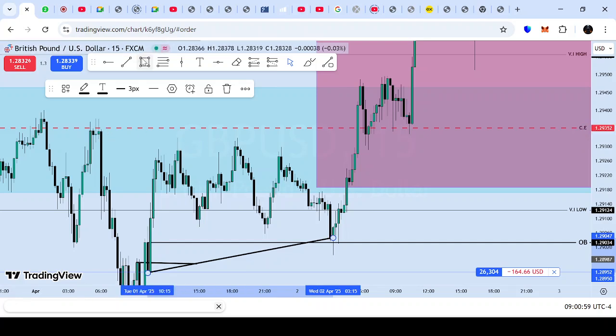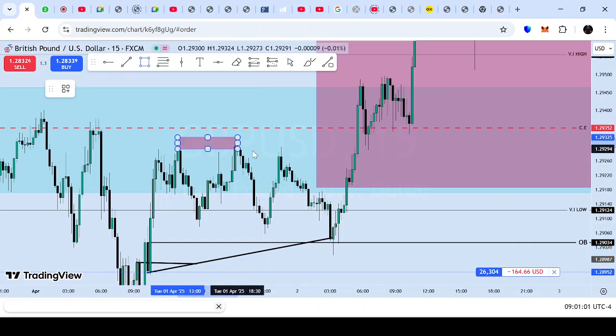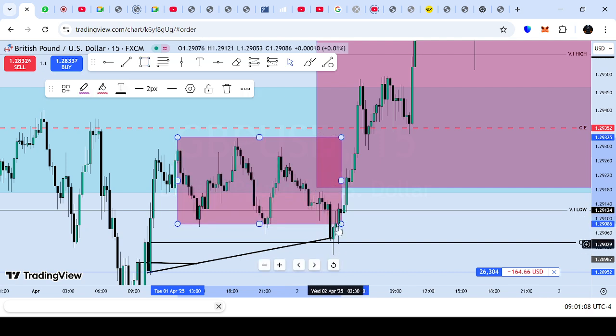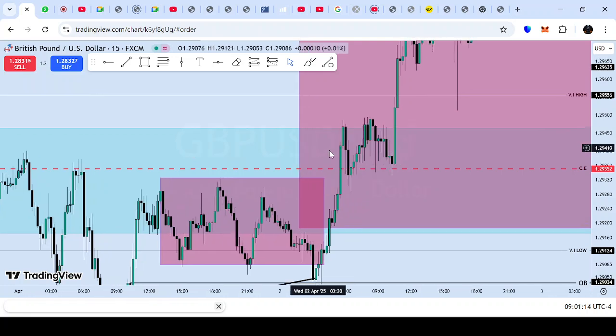This and this is consolidation, there. Then manipulation, this is a distribution to take the buy side liquidity above there. So you treat every last close candle as an order block when you have the narrative of where price is reaching for.